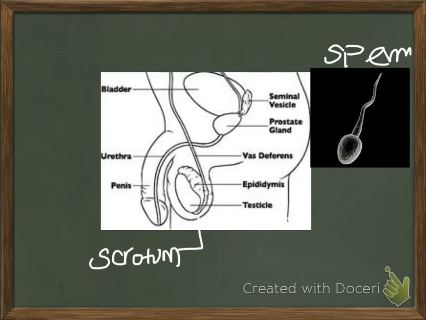Each sperm has a head, tail, and a middle part. This is the head of the sperm, and that is the tail of the sperm. So now let's move on.